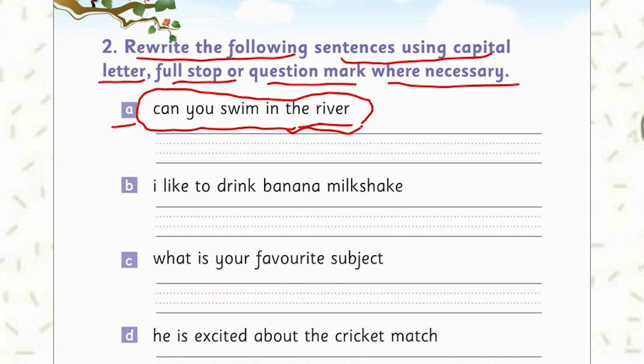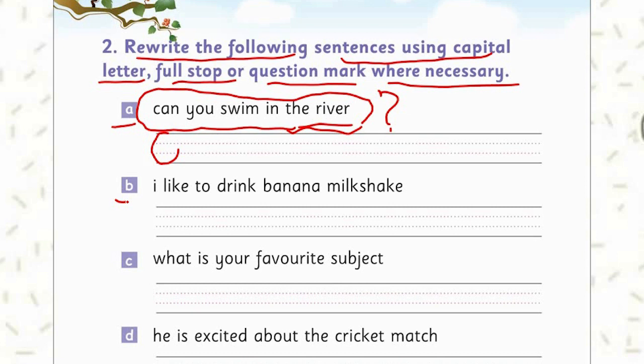Yes, this is the start of the sentence, so the first letter should be capitalized, C. And this sentence is in question form, so we have to put the question mark at the end. Can you swim in the water? Someone is inquiring about swimming in the water.